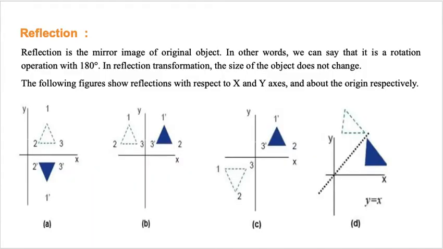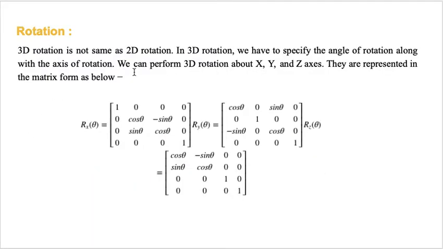And now for three dimensional there would be 4 into 4 matrices, as we saw before. For two dimensions there would be a 3 into 3 matrix, and one is a dummy one, and here is also one dummy. So this 3D rotation is not the same as 2D rotation.